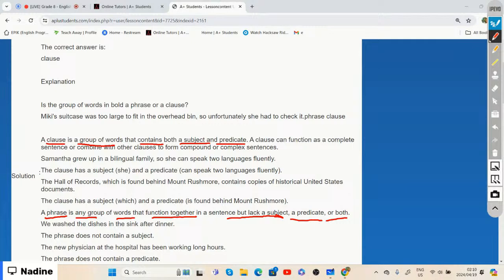For example, an example of a phrase: we washed the dishes in the sink after dinner.